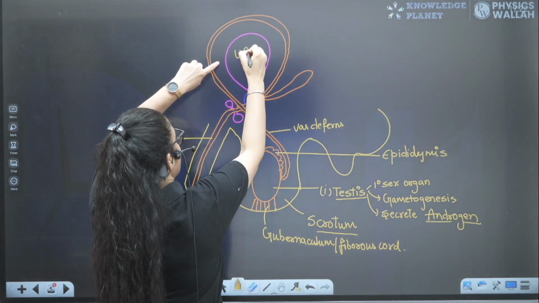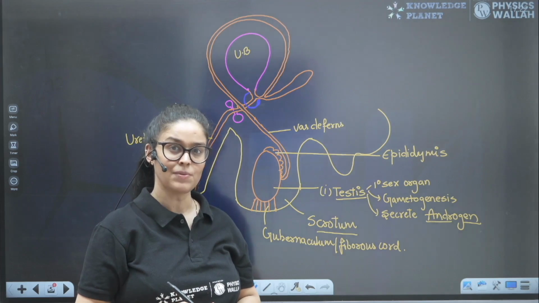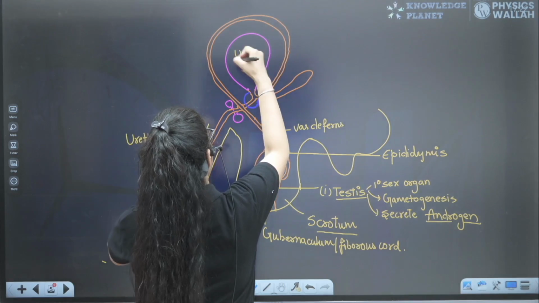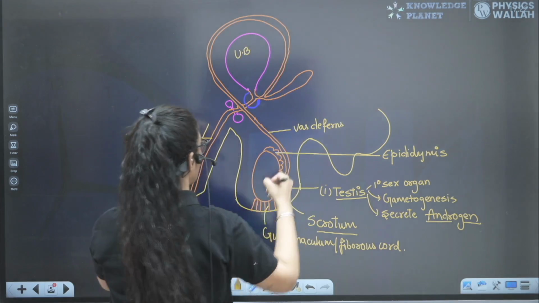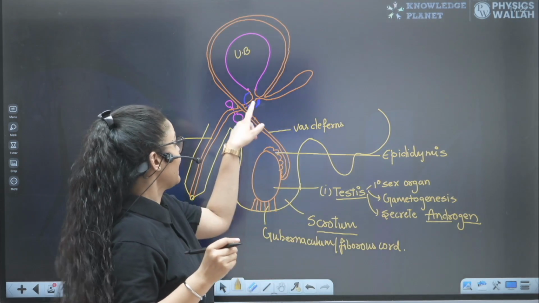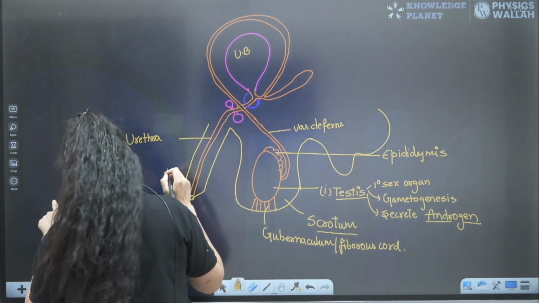And you know why I have drawn the urinary bladder with the male reproductive system? Can you write down? Yes, exactly. I have drawn this urinary bladder along with the male reproductive system because of one reason: urethra is the common passage for urine as well as the gametes.